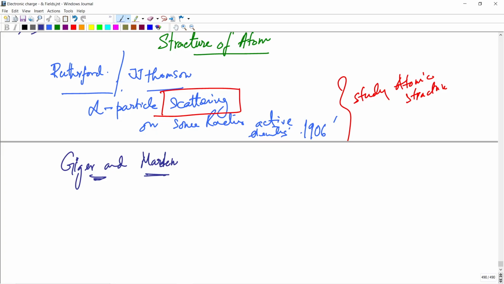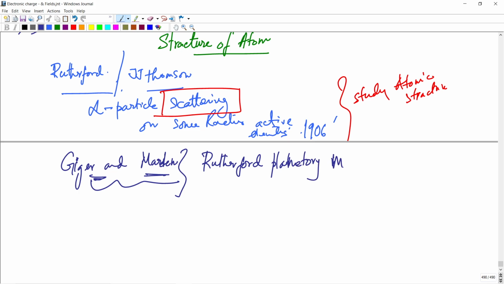The students gave birth to the concept of the Rutherford planetary model. So what is the Rutherford model?